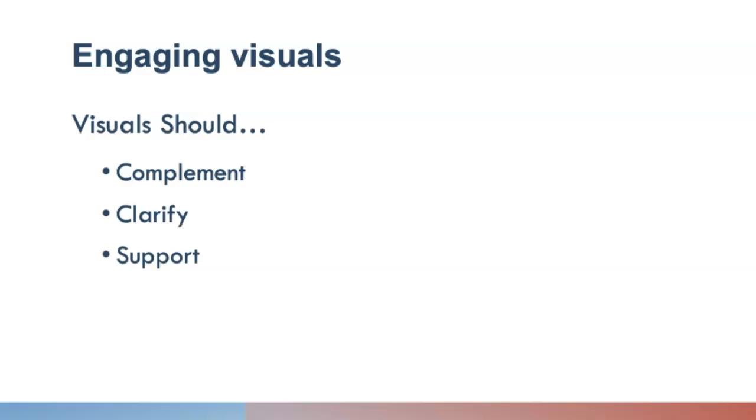When I say that visuals should complement, I'm talking about the tone, the mood, and the goal of the presentation. A serious business presentation will use very straightforward text, images, and other elements to get across the idea of being serious.